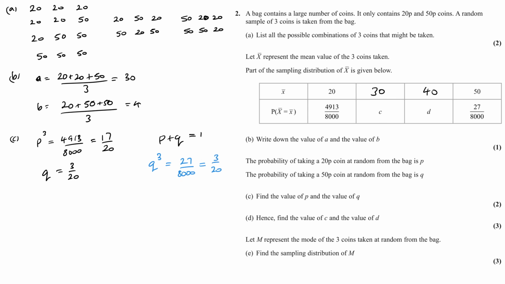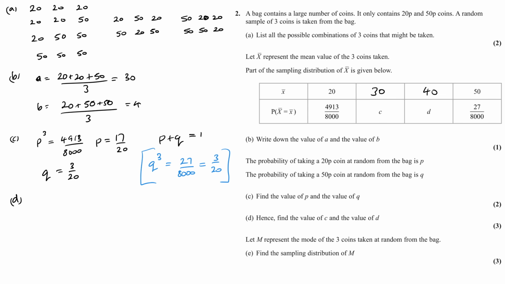So that is P and Q done there. Sorry, I don't want to be writing that, so I should be writing P equals 17 over 20, not leaving it alongside the P cubed, as that would just be essentially some bad maths.